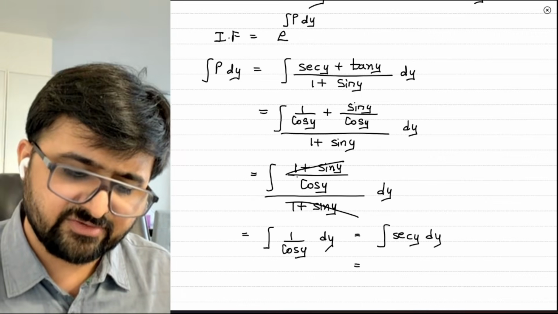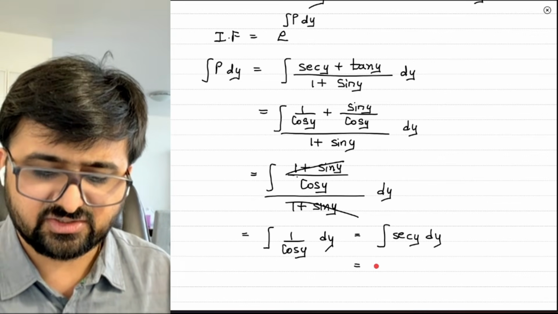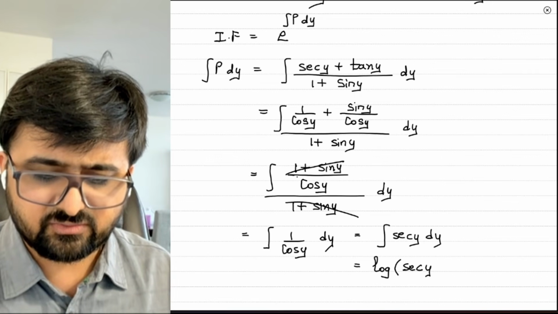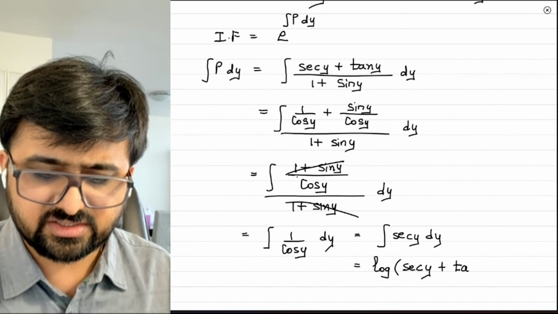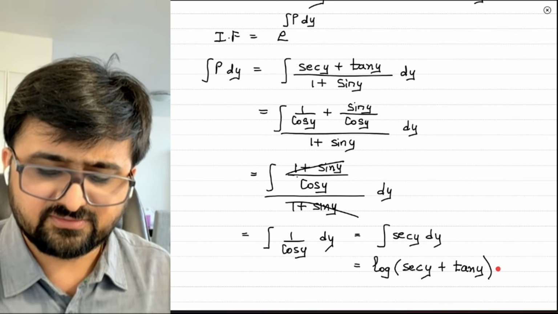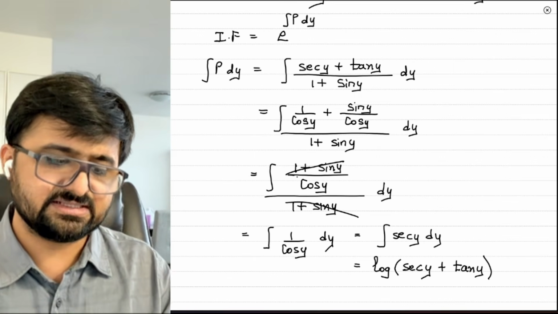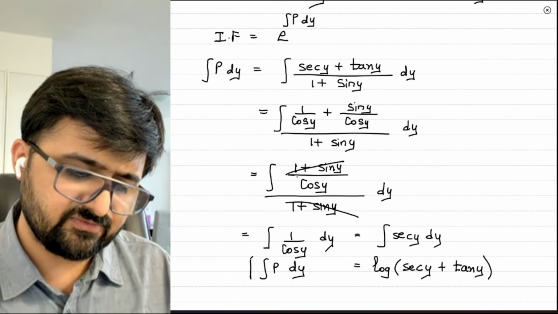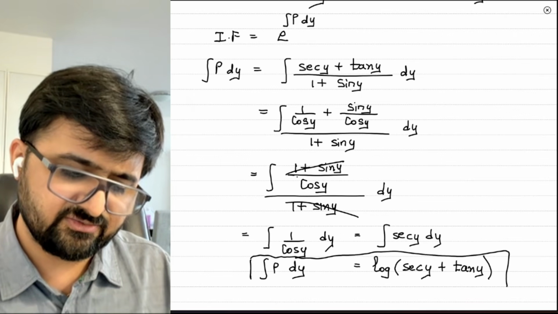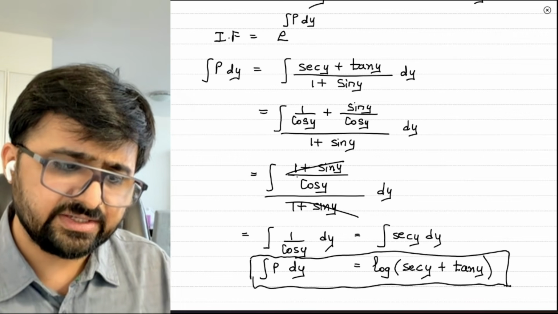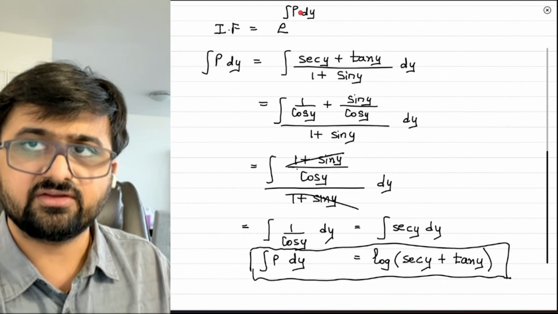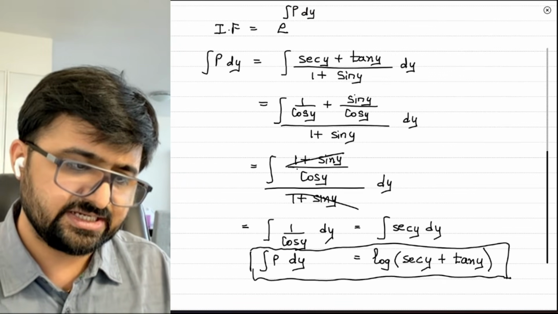Now we know by formula integration of sec y is log of (sec y plus tan y). So we found the integration of p dy already. Now we can substitute that in our integrating factor.